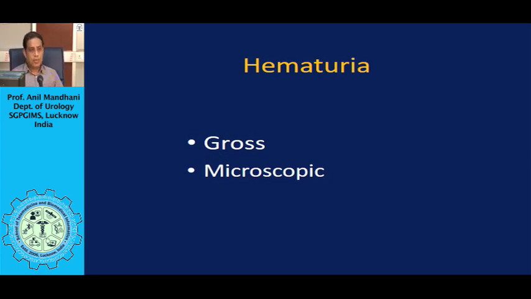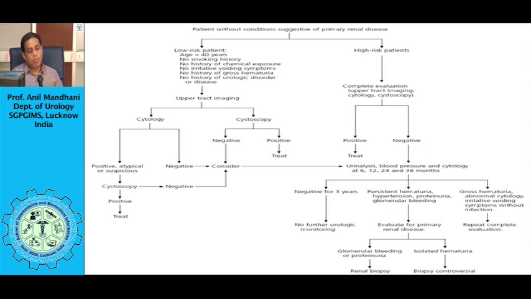The second important thing which you should look for in urine routine microscopy is the number of pus cells. The normal pus cell count is taken as 3 and sometimes 5.